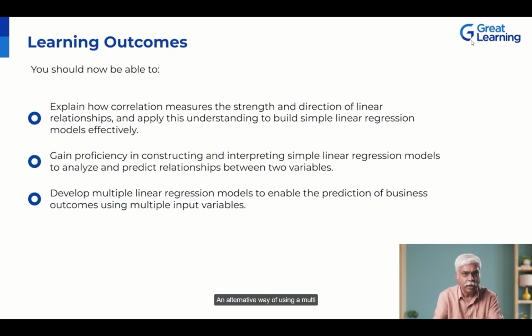An alternative way of using a multiple linear regression is simply to take all the x's and predict the y, and not worry about which x is doing most of the heavy lifting. So you can enable a prediction as well. These, remember, are the two main purposes of linear regression: being able to understand which x is important and being able to predict the y.